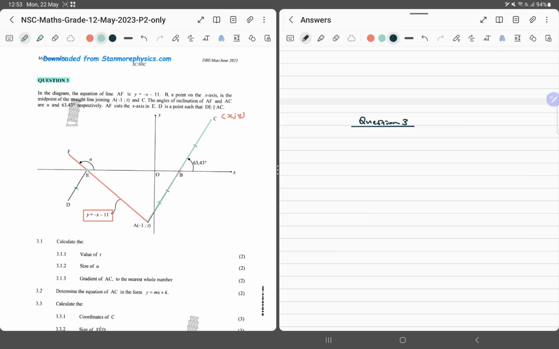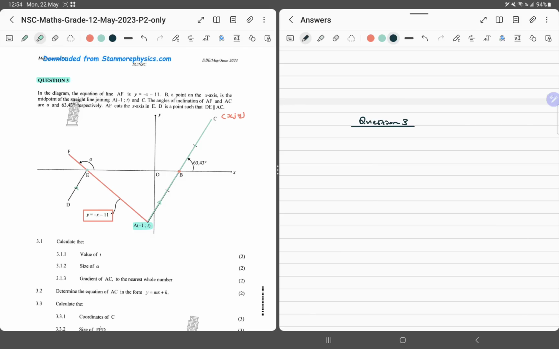So what can we do? Well, we've got the angle of inclination of this line, so we can actually use that to find the gradient of that line. But we are not at liberty to find the equation yet. The only way we can find the equation is if we take this point and substitute there to solve for t.